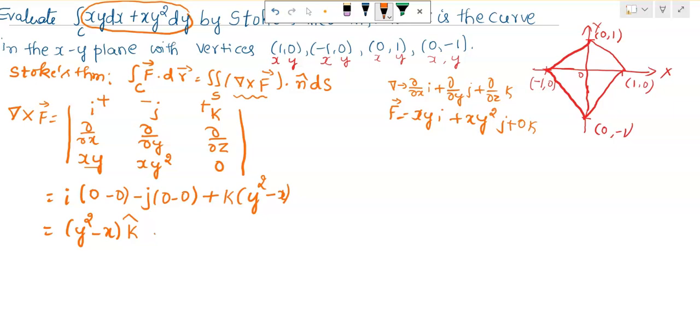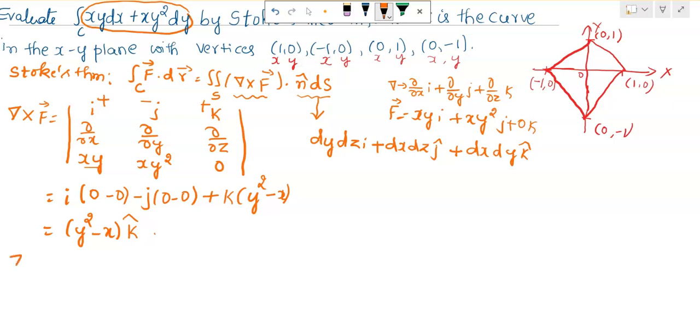Now we have to analyze the Stokes theorem. What we need to find out. See, n cap dS, we have to recall this, is dy dz i cap plus dx dz j cap plus dx dy k cap.